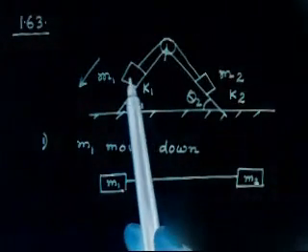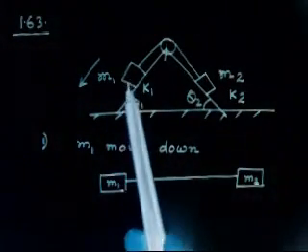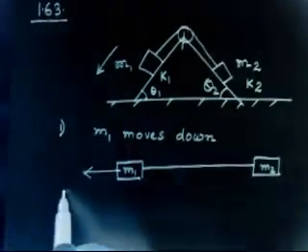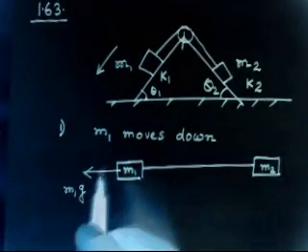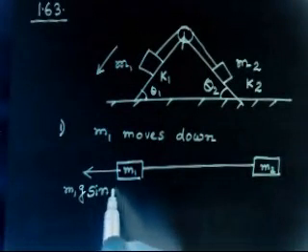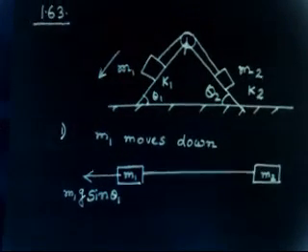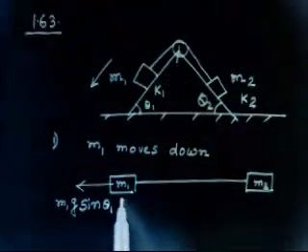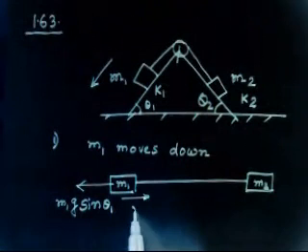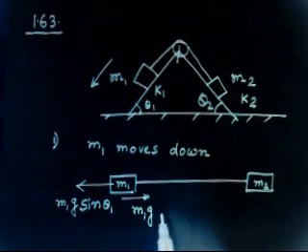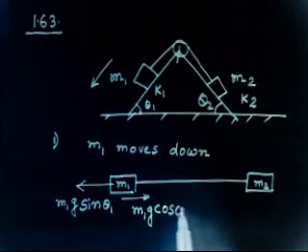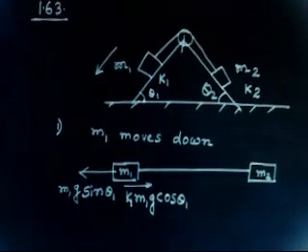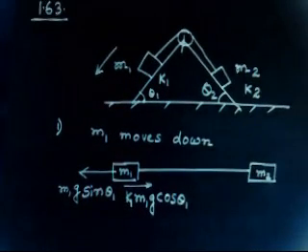Now let us see what forces are acting on m1. On this side it will have m1g sin theta 1. On m1 the friction force will act in this direction, with magnitude k1 m1g cos theta 1.